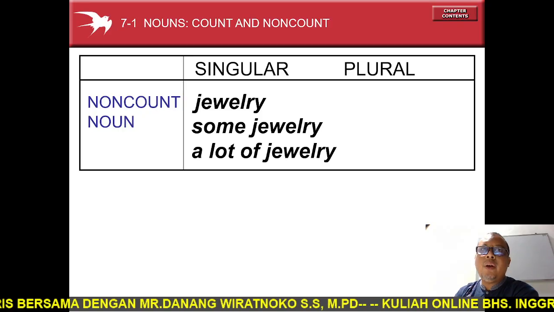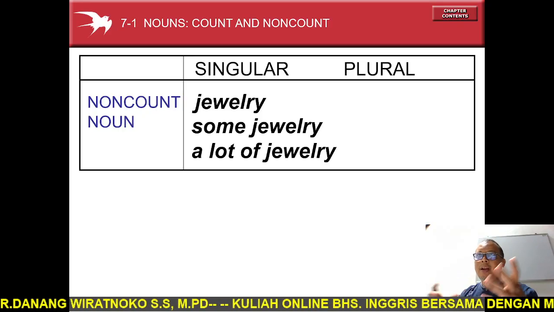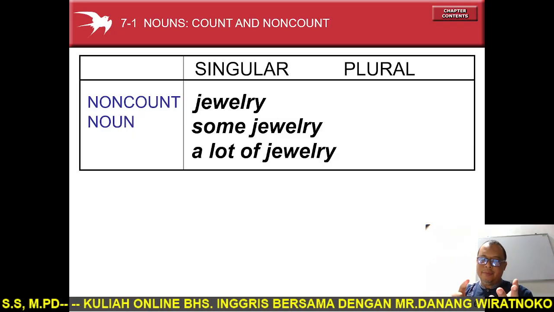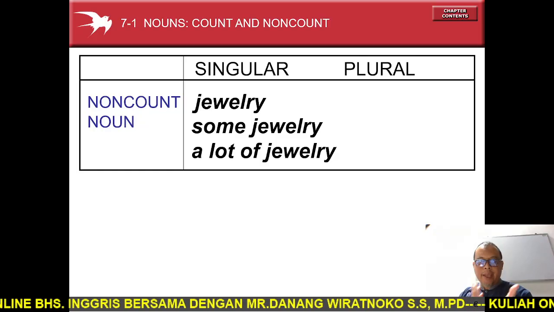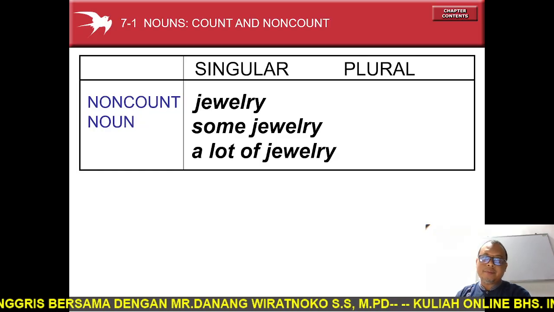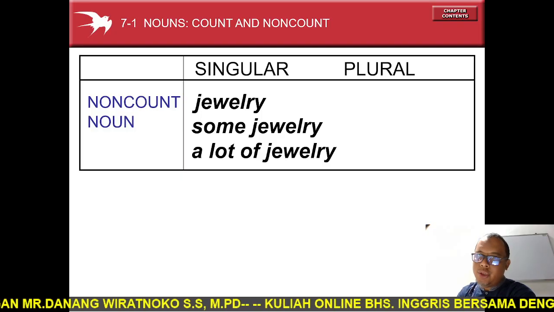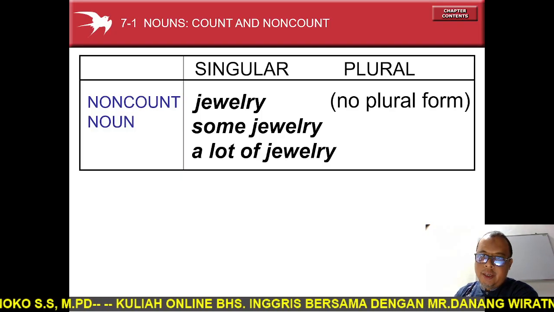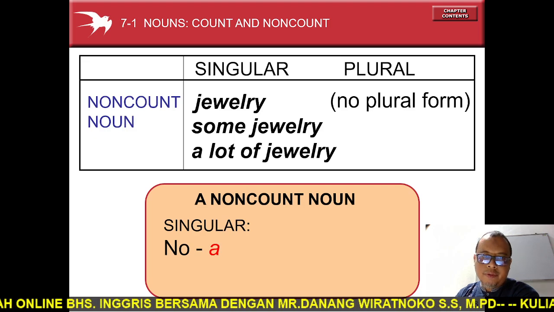And if it's only one bracelet, gelang, we can say one bracelet. But when there are a bunch of necklace, earring, ring, we cannot say one. We say all of them is jewelry. So we say some jewelry, a lot of jewelry.